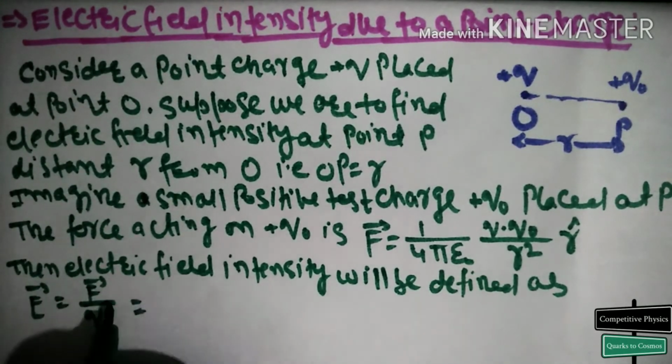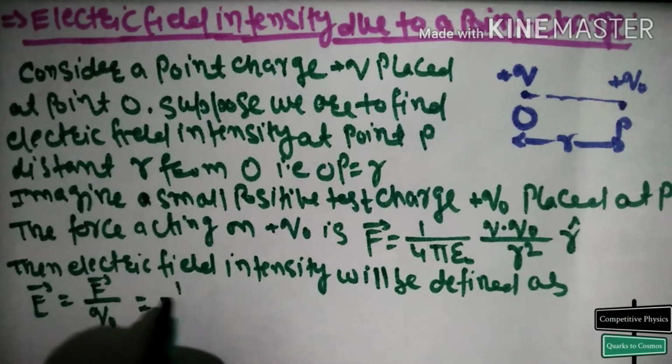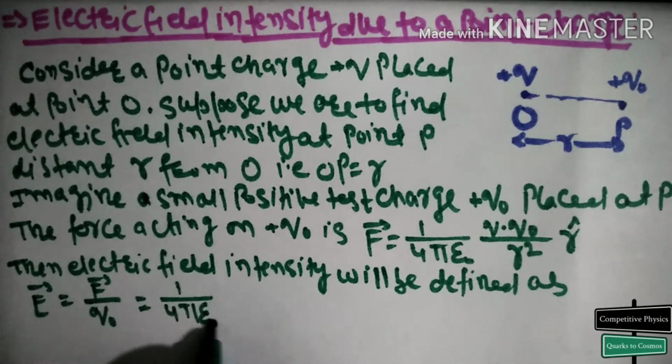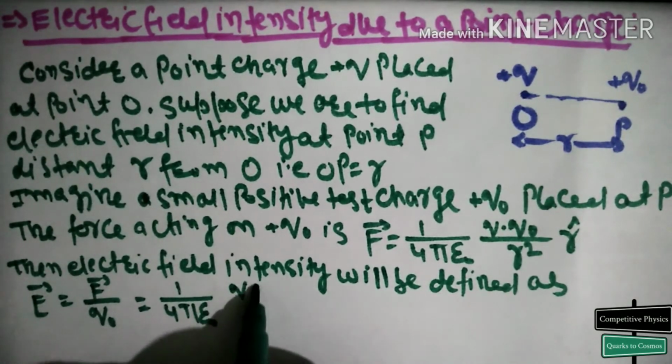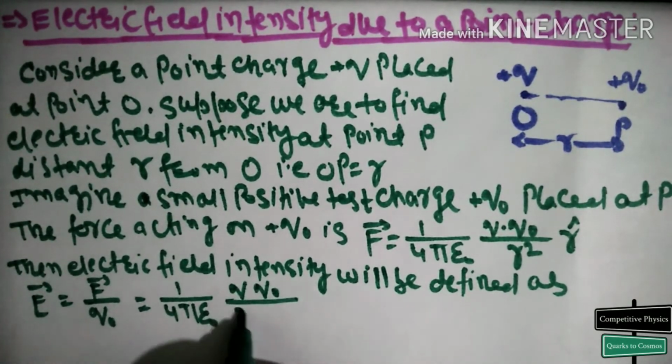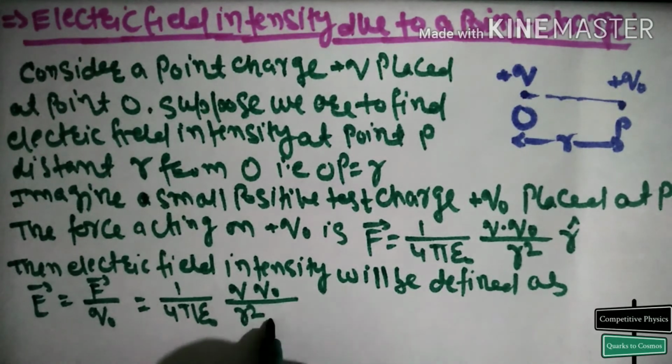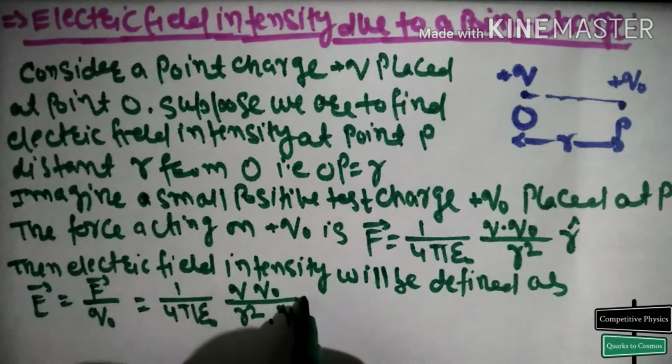So F is 1 upon 4 pi epsilon naught, Q q naught upon r square r cap, and there is q naught also in the denominator.